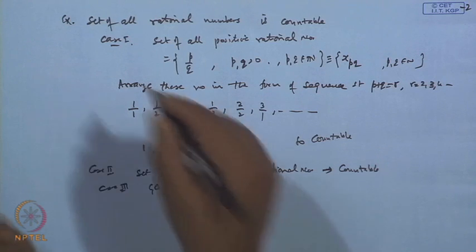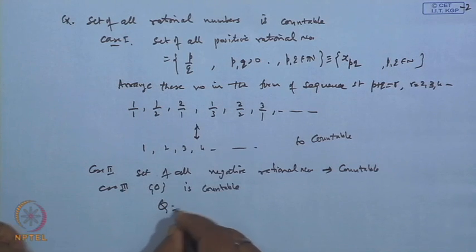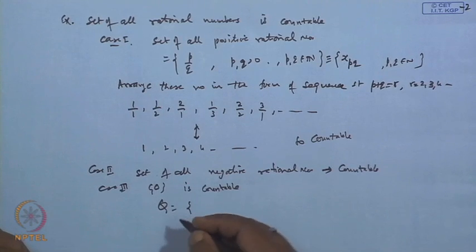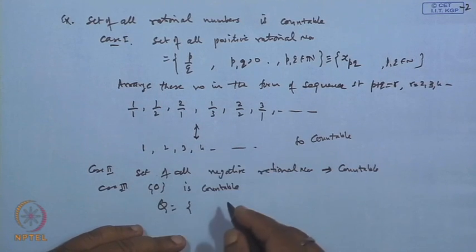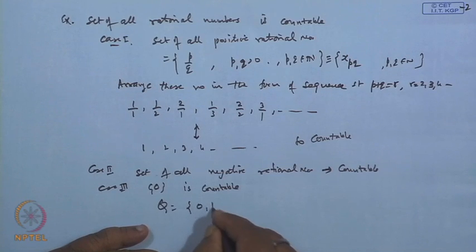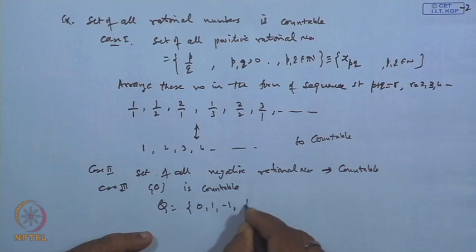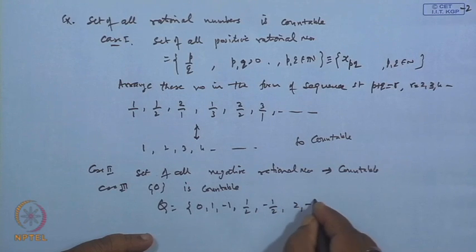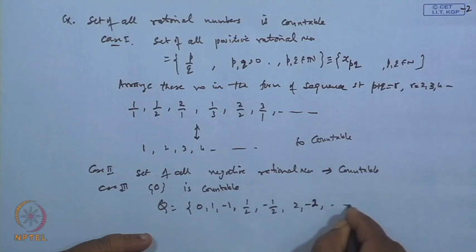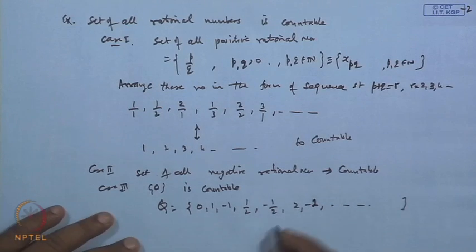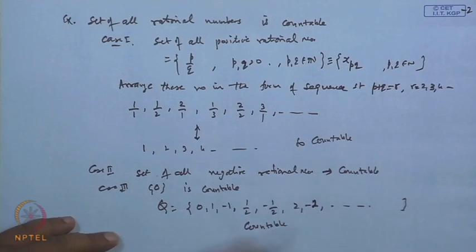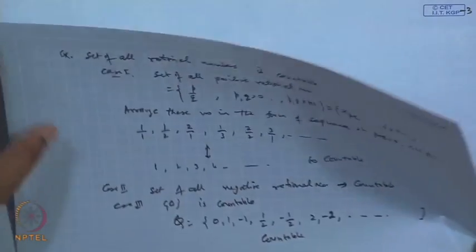So, if I take the union, the set of rational numbers is the set of all positive rational numbers, all negative rational numbers and including 0. So, if we put it in this form: 0, 1, minus 1, half, minus half, 2, minus 2 and continue this way, plus and minus and all these things, then this entire set is countable. It has a 1-to-1 correspondence with the natural numbers and is countable.